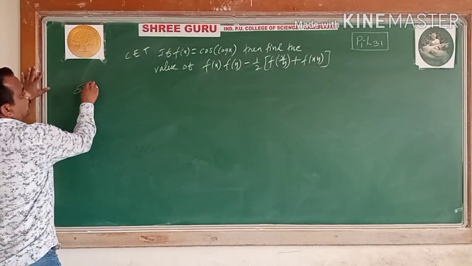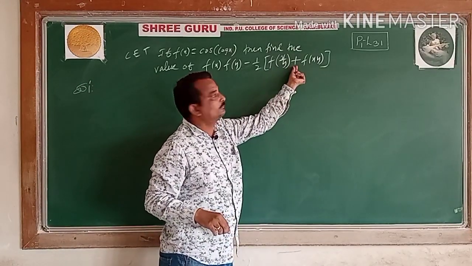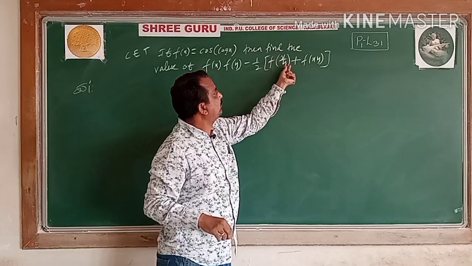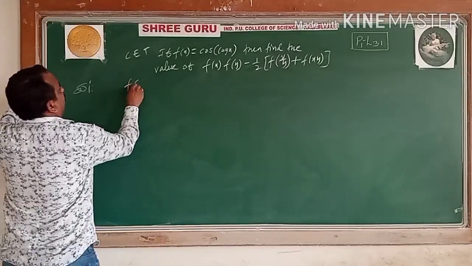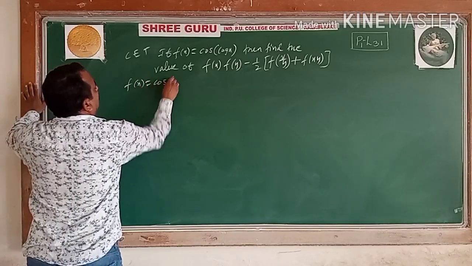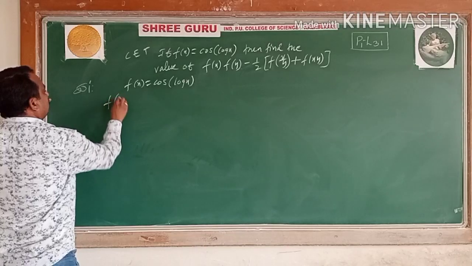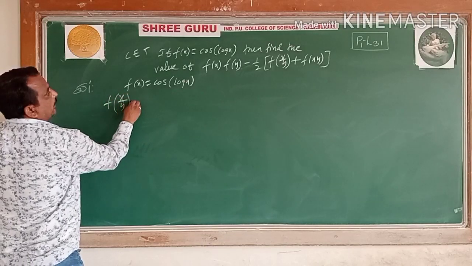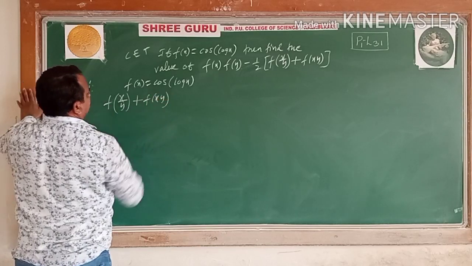Now let us see this. I will calculate this one here. f of x by y and f of xy I will calculate here. Here I will consider f of x is cos of log x. f of x by y plus f of x into y.